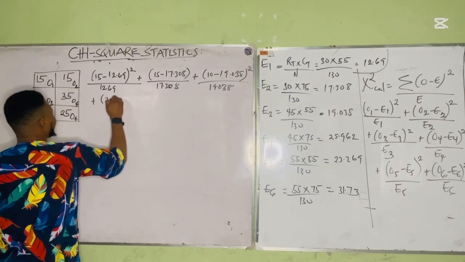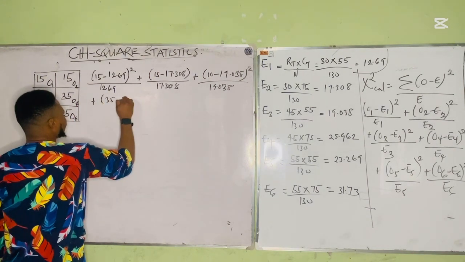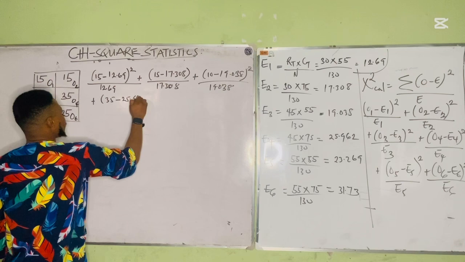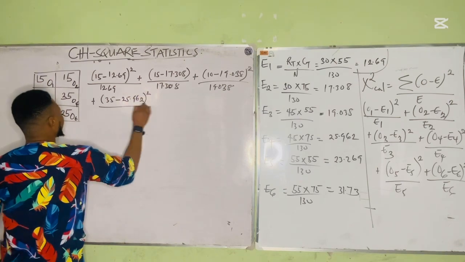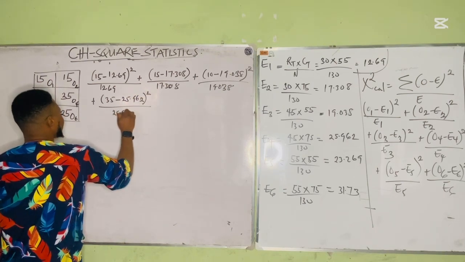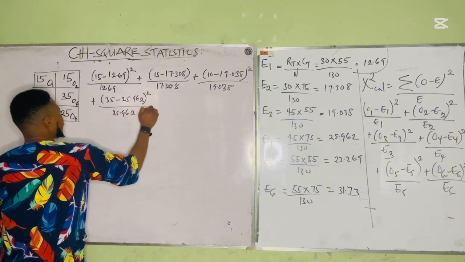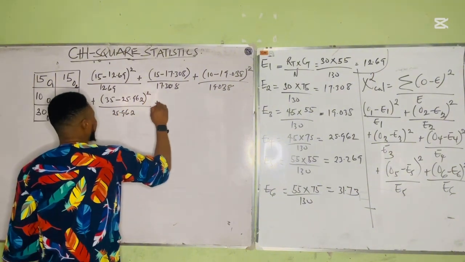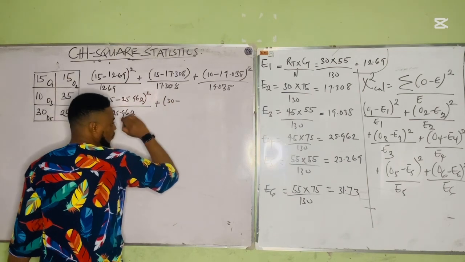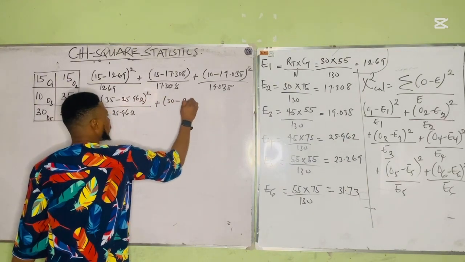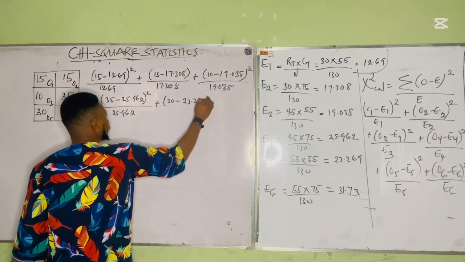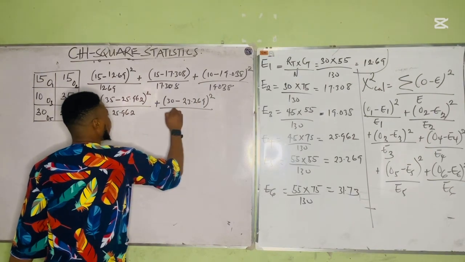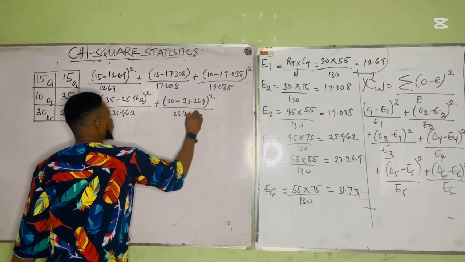Plus our O4 is 35. So we say 35 minus E4, 25.962, all squared divided by 25.962. Then plus O5 is 30. So we say 30 minus E5, which is 23.269, all squared divided by 23.269.